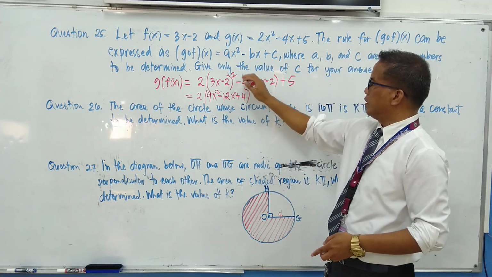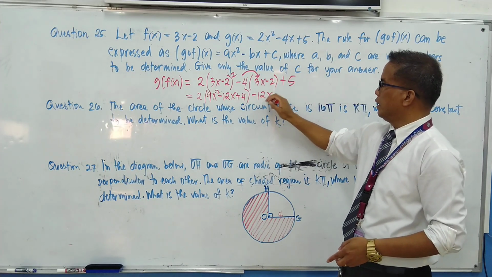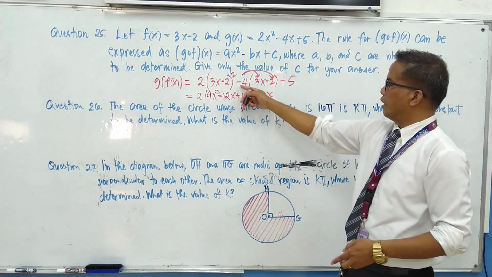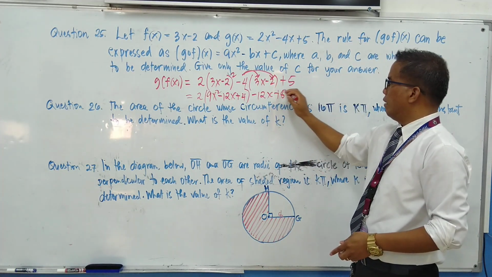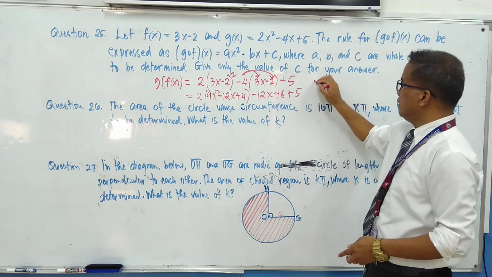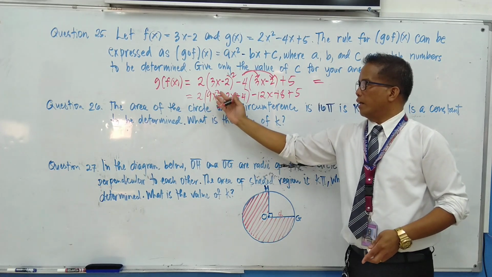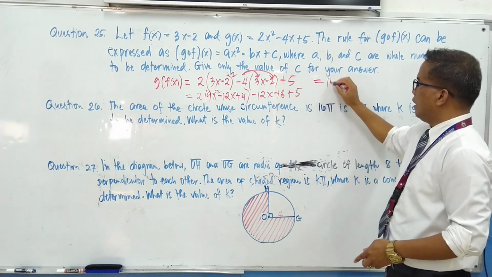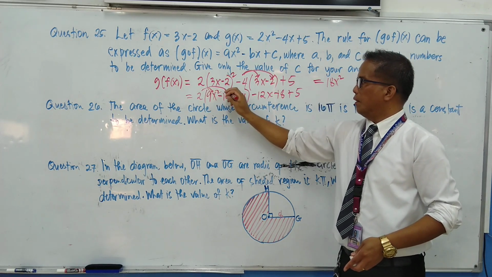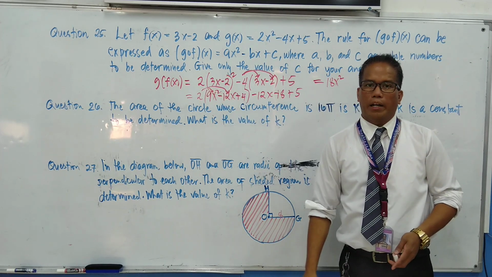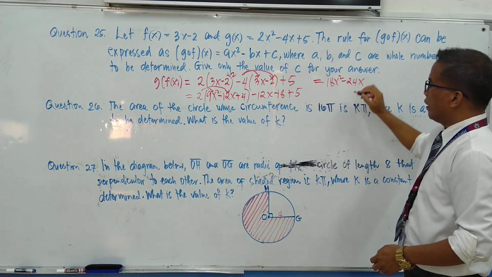Then distribute this. Okay, then the answer is minus 12x. Then distribute it again: negative 4 times negative 2 equals positive 8, then plus 5. Then we will distribute 2 to 9x squared, so the answer is 18x squared. 2 times negative 12x, the answer is minus 24x.